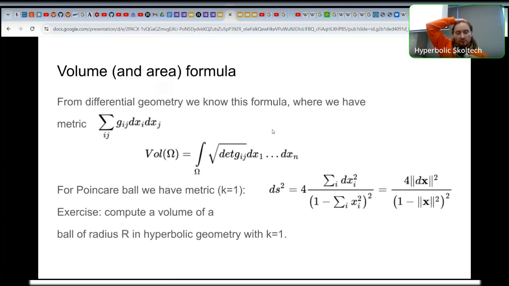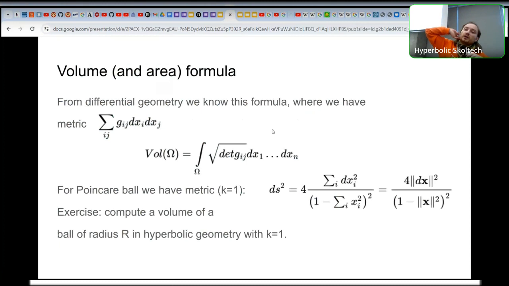And volume and area, actually we didn't see this before, but this is a formula for computing volumes and also areas in this geometry.